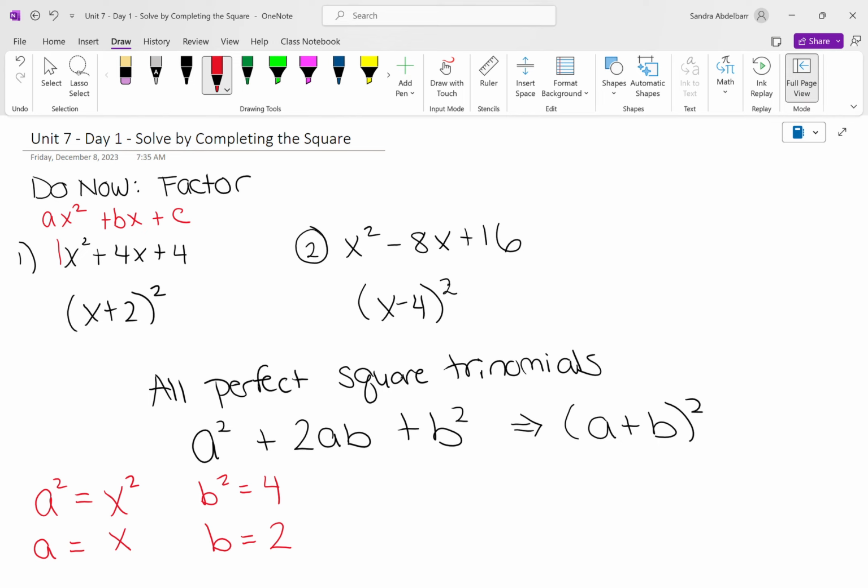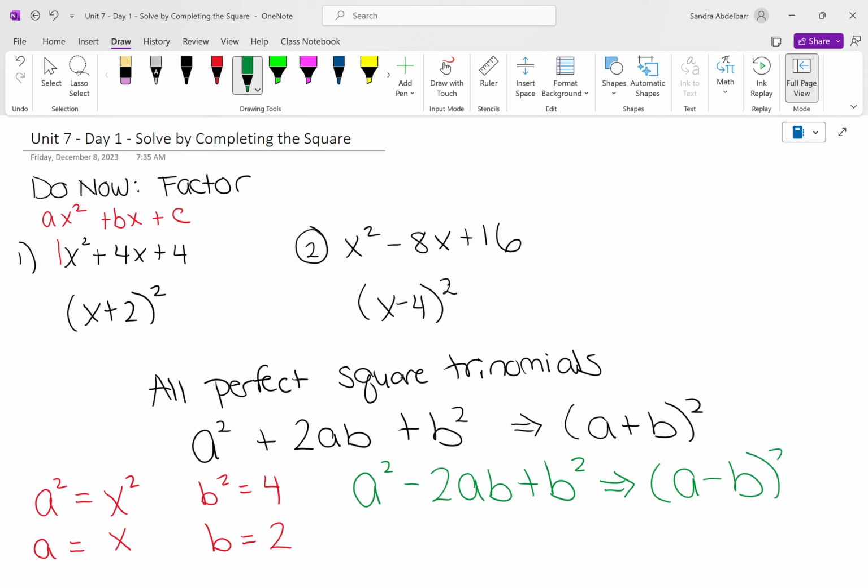The other perfect square trinomial fits the format of a squared minus 2ab plus b squared. And that factors into the quantity of a minus b squared.